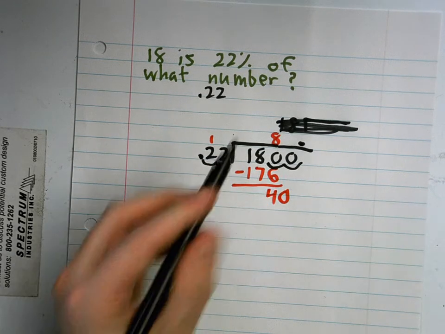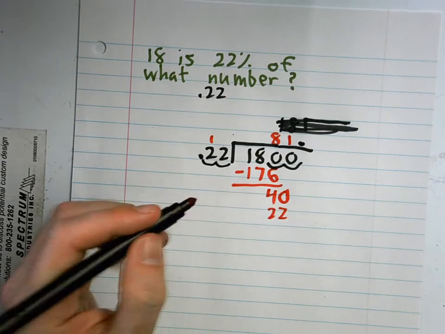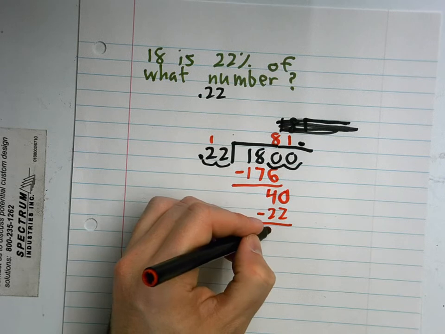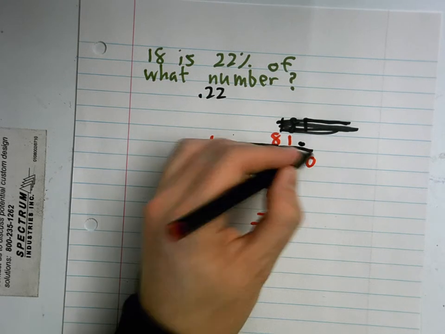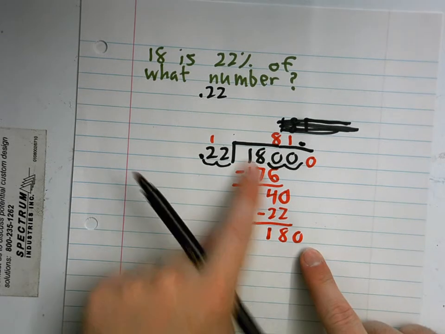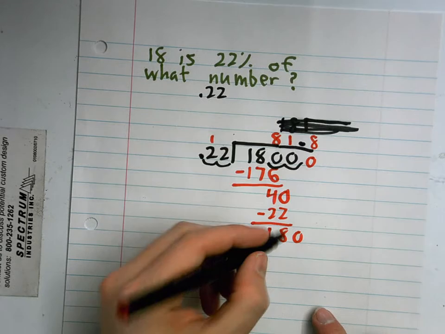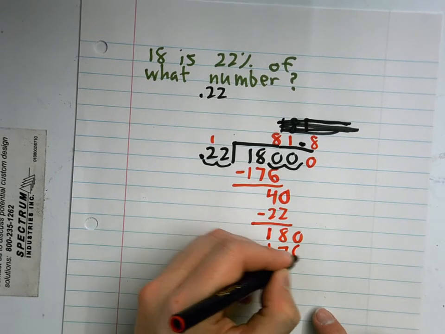22 goes into 40 one time. After 22, that brings down into 18. And I bring down this 0. Wait, haven't we already seen 180? We have. It goes into 188 times. 8 times 22 is 176.